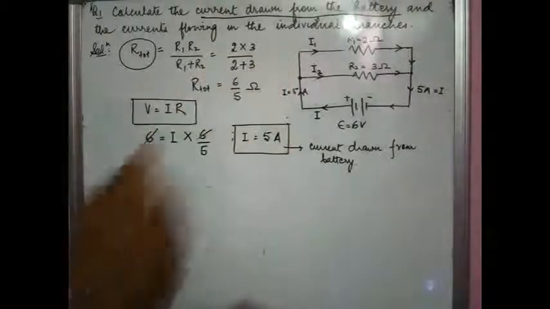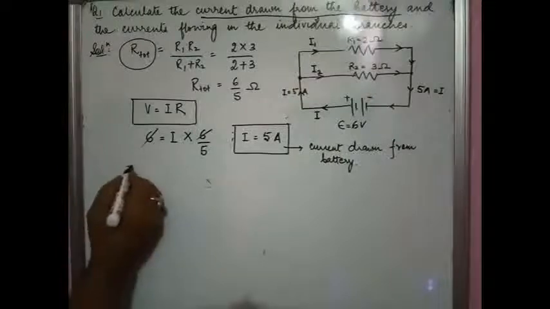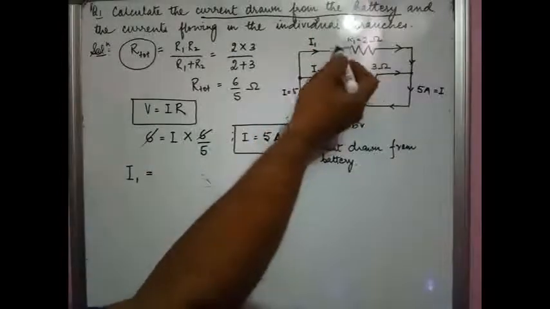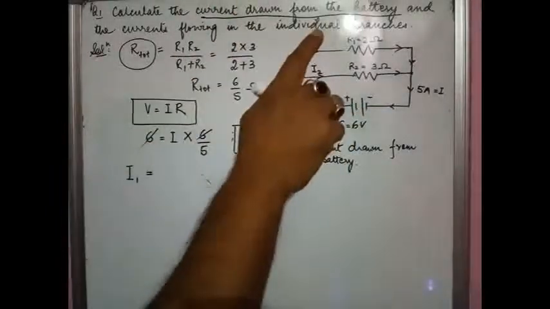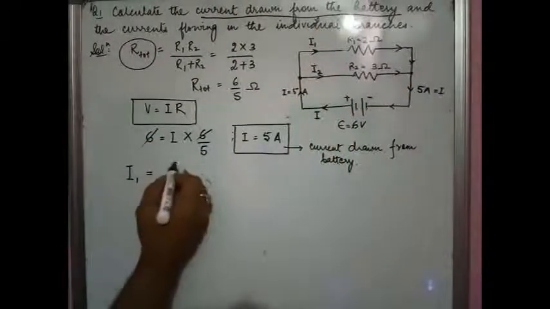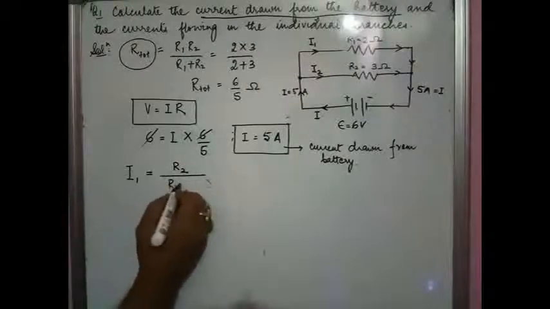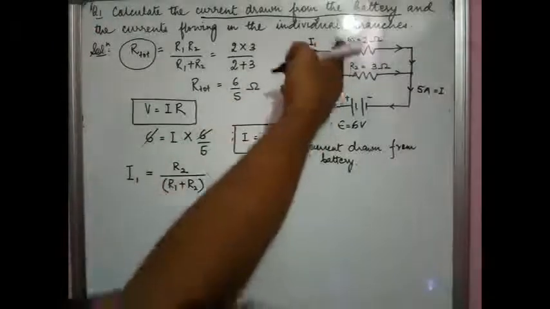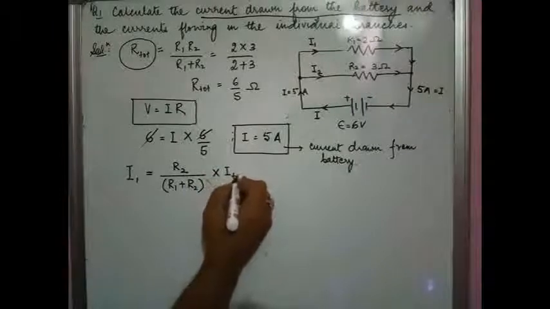But here as you can see the resistance values are not the same. So please note, for calculating I1, which is the current flowing in the R1 branch, you will not take the R1 value, you will take the R2 value at the top, divided by R1 plus R2, which is the total resistance, the sum of these, multiplied by I total.